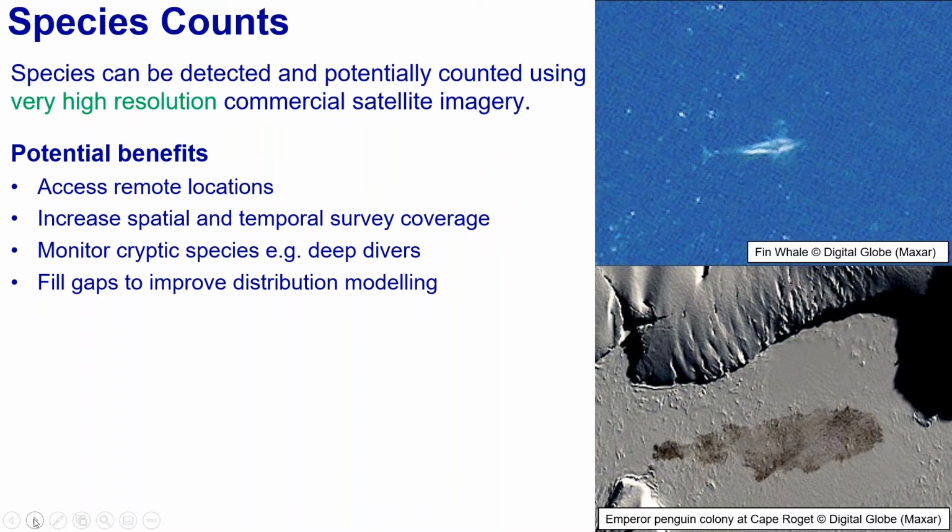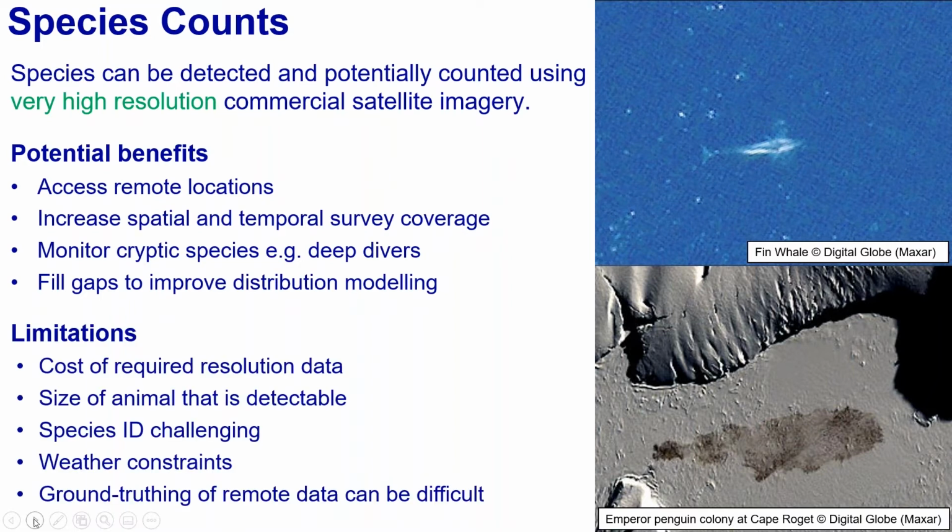And in the example of cetaceans, it helps to monitor cryptic species that aren't picked up by boat surveys, so deep divers. You've got a better chance of seeing them when they come up to the surface on satellite imagery. And this can help complement other more traditional survey methods and fill in gaps to improve distribution modelling and population estimates.